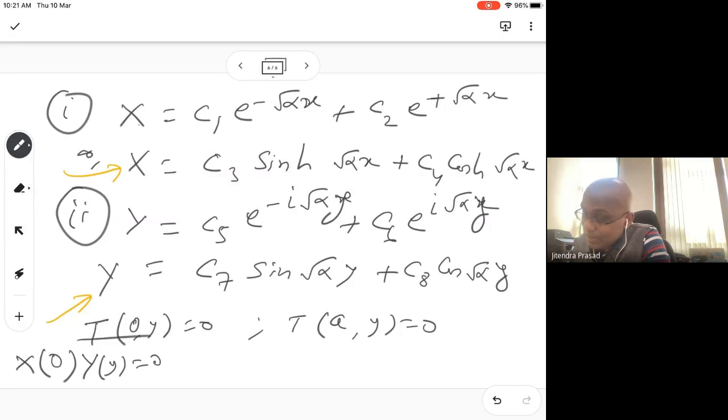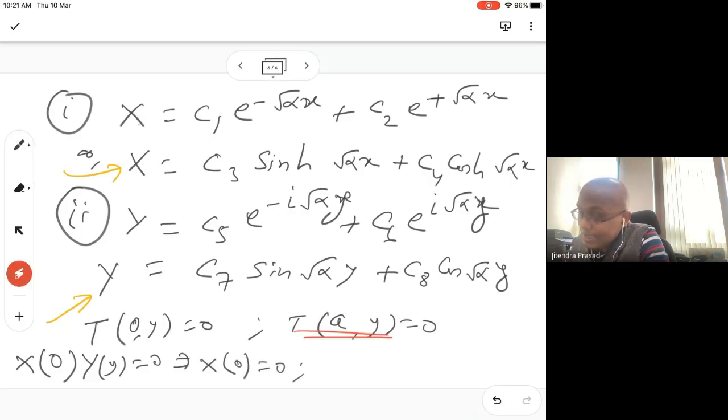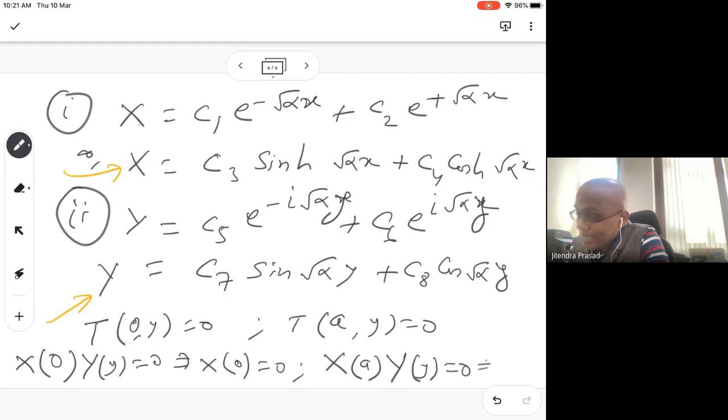That tells us that x0 has to be equal to 0. Similarly, this says x a multiplied by y is equal to 0. That tells us that x a is also equal to 0. So that means x0 equal to 0, x a equal to 0.